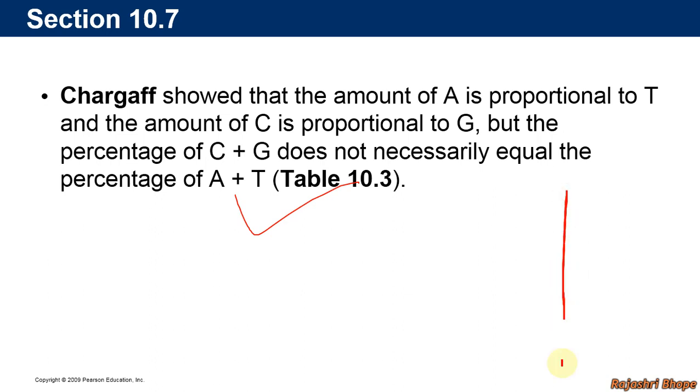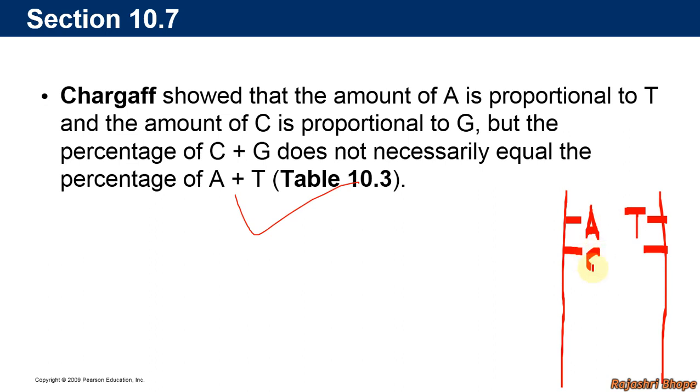Say if we consider these two strands of the DNA, and these are the bases present in the two adjacent strands. If adenine is present in one strand, it always pairs with thymine in the adjacent strand.